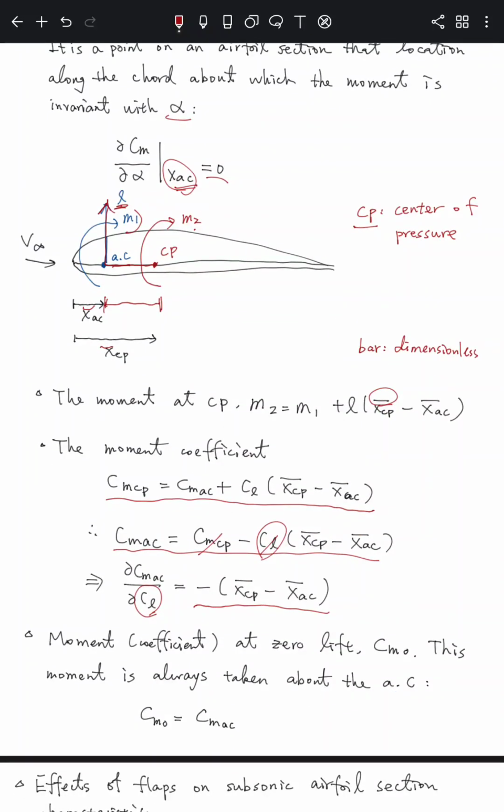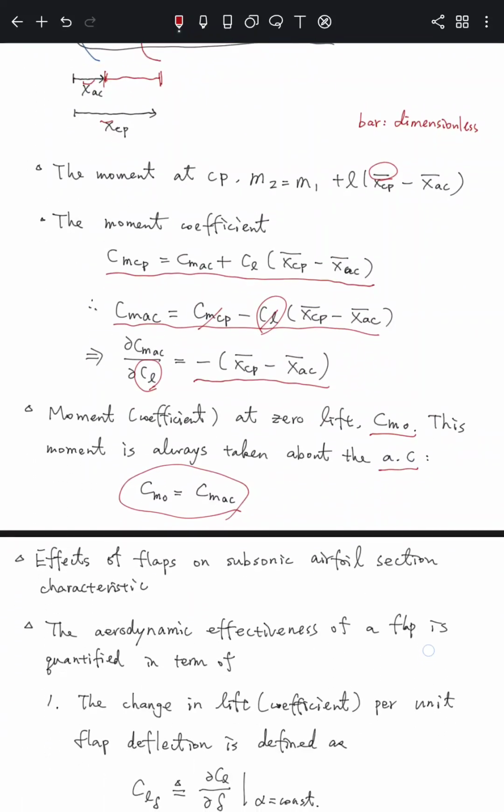Another point is that the moment coefficient at zero lift, also called Cm0, is actually taken about the aerodynamic center, so we don't have the pitch moment at that point. So we will write it down like this.